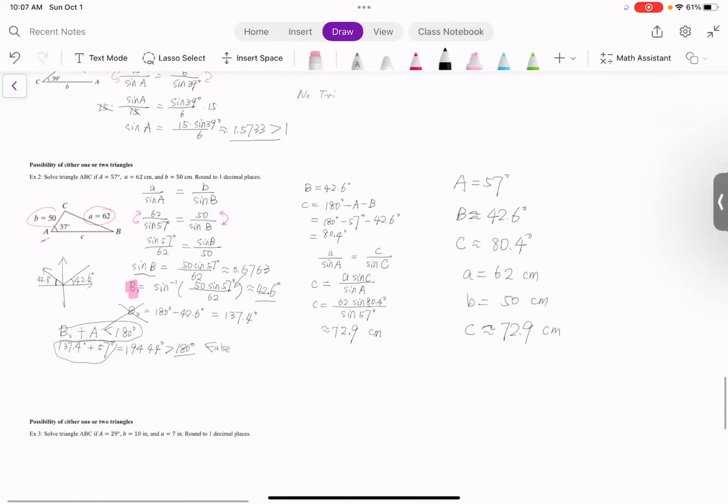Okay, you will see in this case we have only one solution, because when I'm adding the second, obtuse angle of B and the given angle A, I see the sum is greater than 180, so I do not have my second solution. I have only one solution.